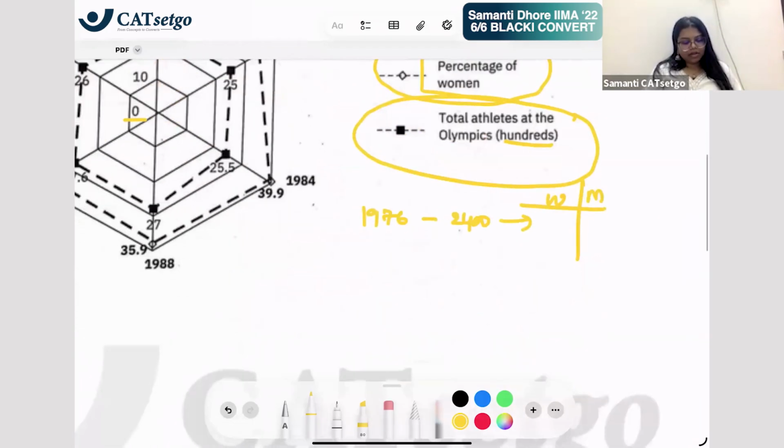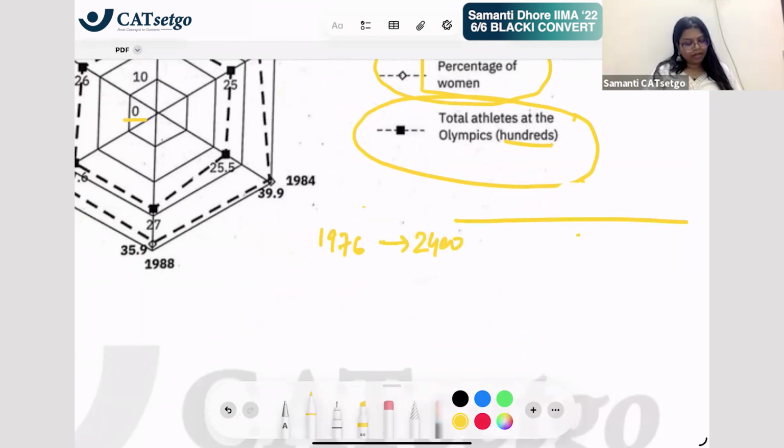Very good. It's 3 by 8. So we have to calculate men versus women. थोड़ा अच्छे से लिखती हूँ यहाँ पे. So 1976, we had total 2400 people participating, out of which women were how much? 37.5, which is 3 by 8, which is 900. And how many men were there? The remaining. That is 1500.